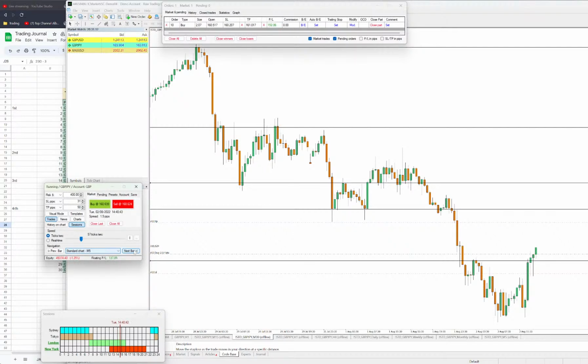So far we are in profits. Let's see. Now I think we should move stops to break even. How many pips are we? Yeah, we should potentially move stops to break even. And then wait for the $400 mark to close to take like 50%.